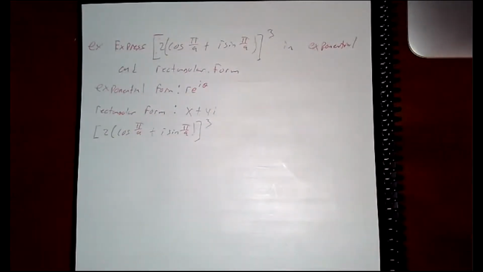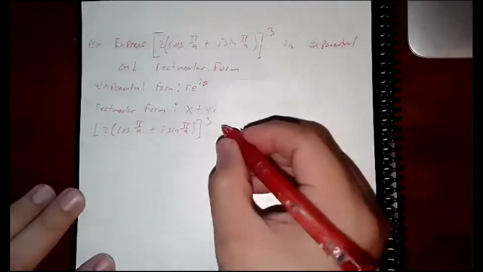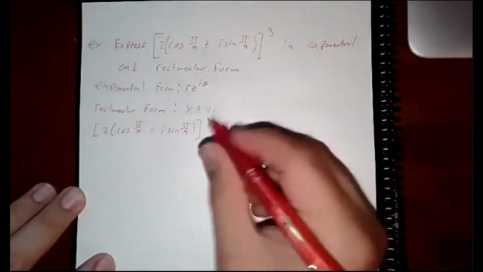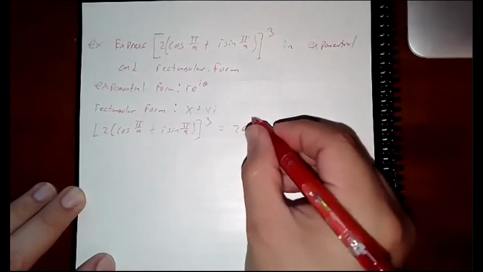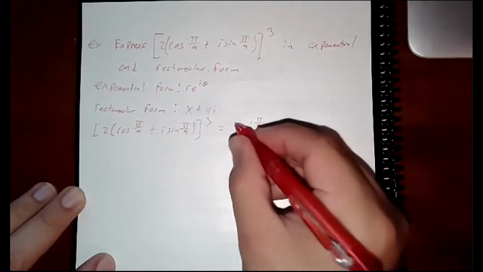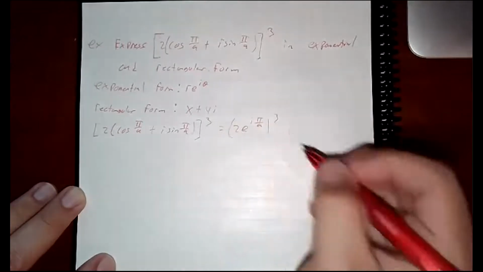Put the changes into exponential first. It'll be easier to deal with these powers. So that'd be 2 e to the i pi ninths, cubed, right? Using our formula.